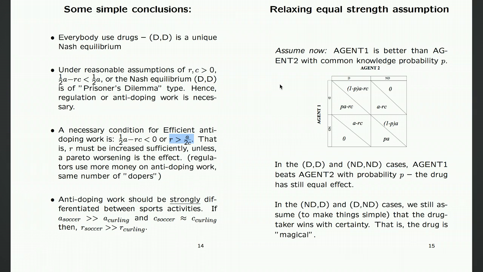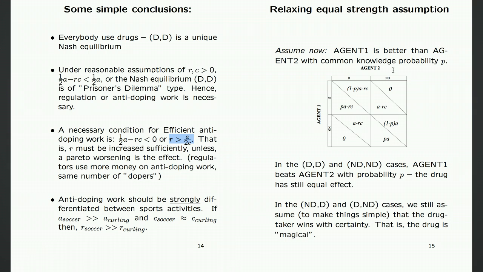Moving on to some relaxations. Okay, one of the strong relaxations here, of course, is this assumption of equal strength. So we assume there are clones. Now let's open up for a non-cloning situation. So we assume that agent 1 is better than agent 2. And then again we have to make an assumption related to how this is formulated.